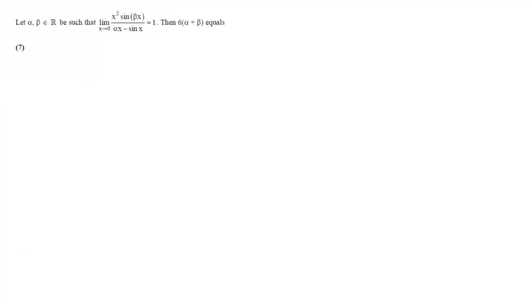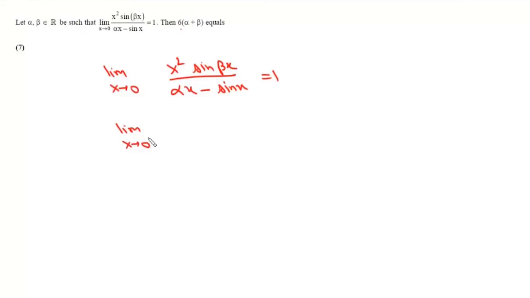Now here we are given that this limit x tends to 0, x square sine beta x upon alpha x minus sine x, it is equal to 1. We need to find the value of 6 alpha plus beta. Now we will solve this question using expansion.